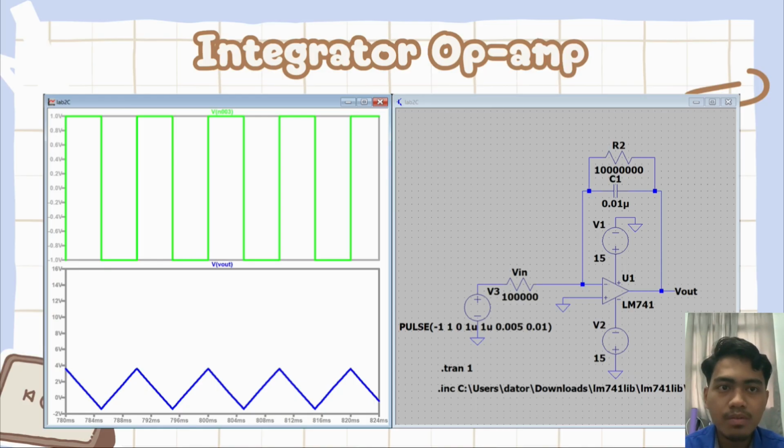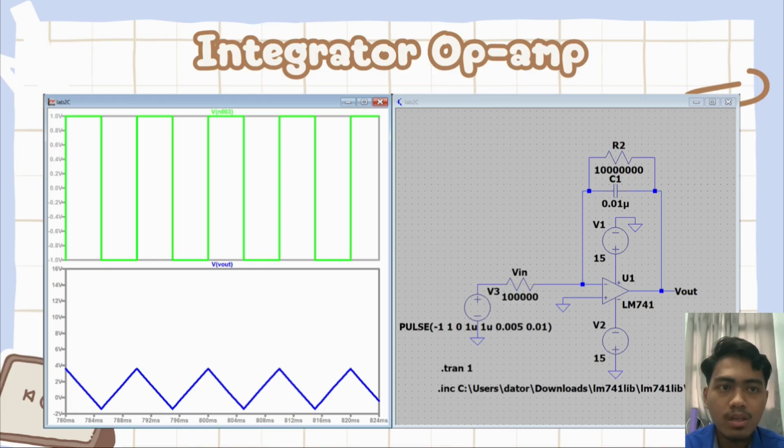This is achieved by placing a capacitor in the feedback path and a resistor at the input. Its primary function is to transform a square wave input into a triangular wave output, or a step function into a ramp output.